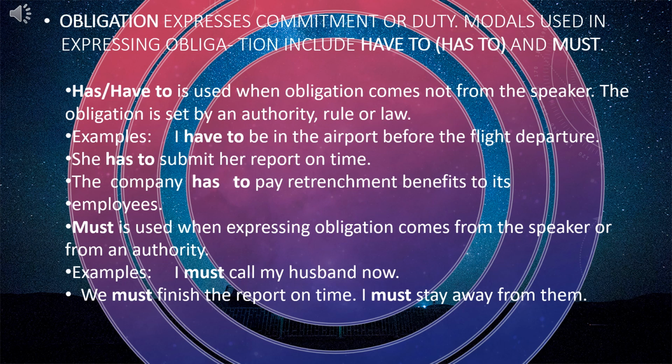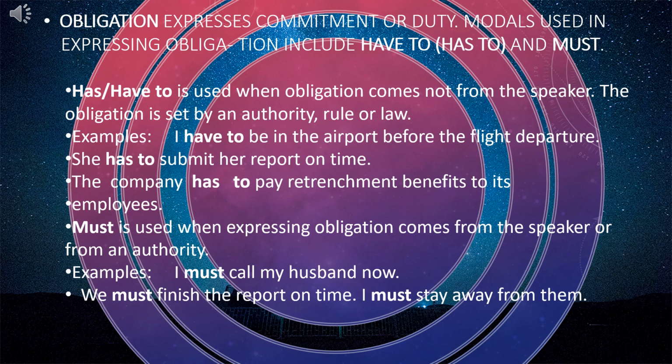Modals used in expressing obligations include have to, has to, and must. Okay? Again, the modal verbs expressing obligations are have to, plural, has to, singular, and must. So must, a while ago, is also a modal verb under modals expressing prohibition.